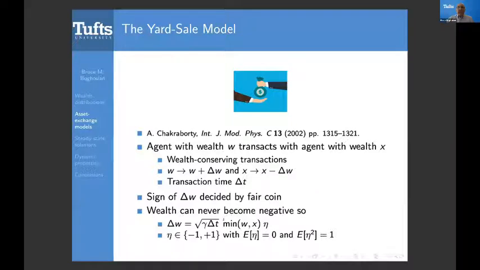So we're going to say it's proportional to the minimum of W and X. That proportionality constant, for random walk reasons, goes as the square root of delta T, where delta T is the time of one transaction. Eta determines which direction the wealth moves in. It's either -1 or 1. Fair coin, it has expectation value 0.